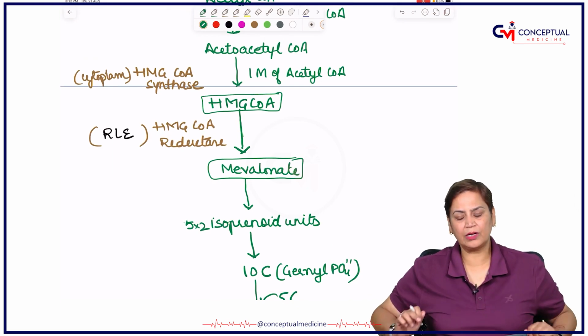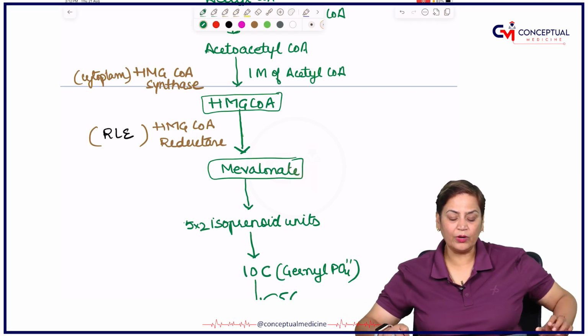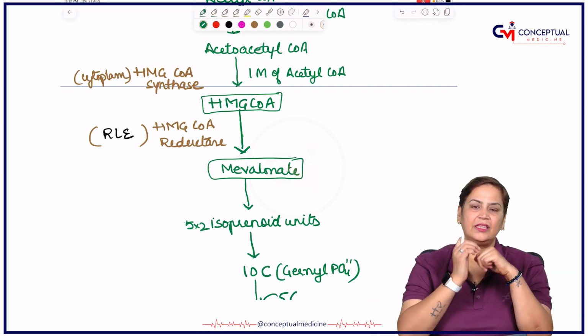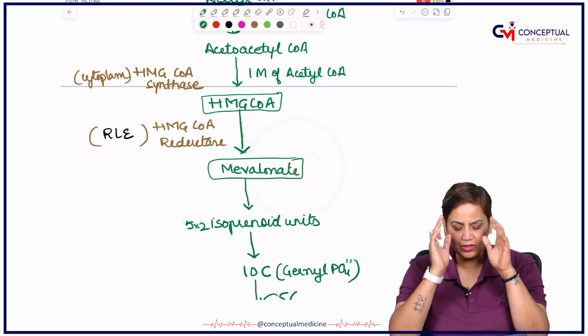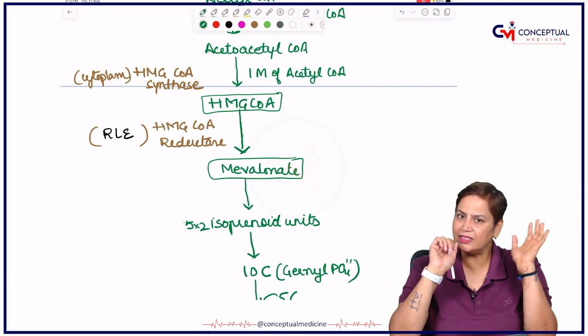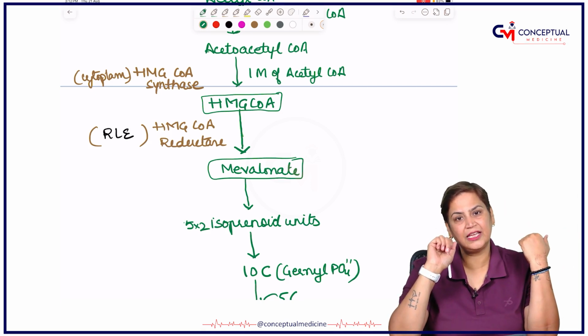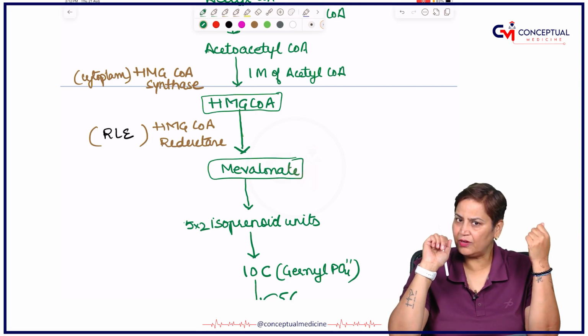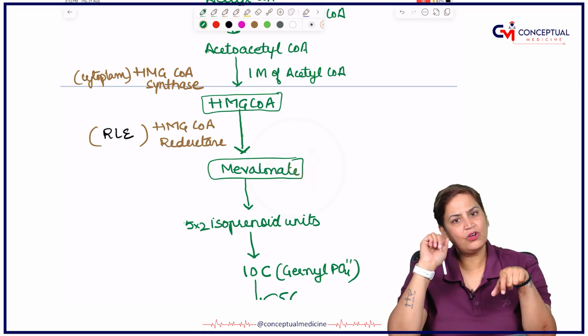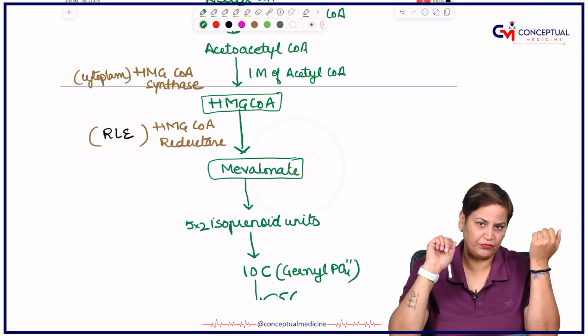And the most important point in which the students get confused is that there is a correlation between the synthesis of ketone bodies and cholesterol. Basically, till the formation of HMG-CoA it is the same. But the basic difference is ketogenesis takes place in the mitochondrial fraction of the liver, whereas cholesterol biosynthesis takes place in the cytosolic fraction of the liver.